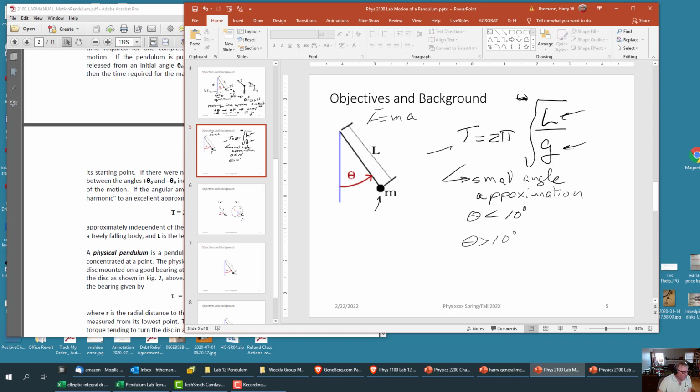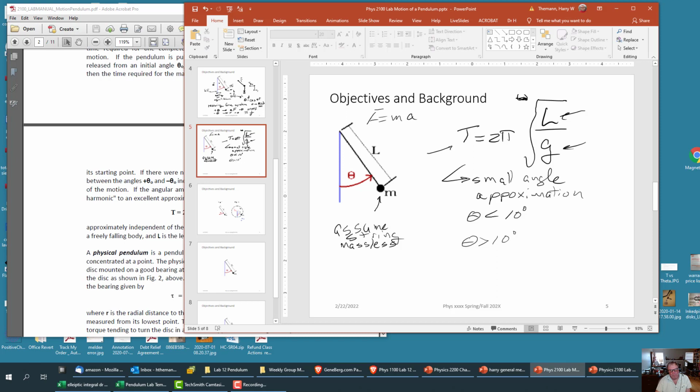We'll get to procedure in a moment. I'm looking over at my notes here. Part of it is that we assume the string is massless. It's not critical for the derivation, though it is critical to the calculations, and it's not critical for us in this lab.